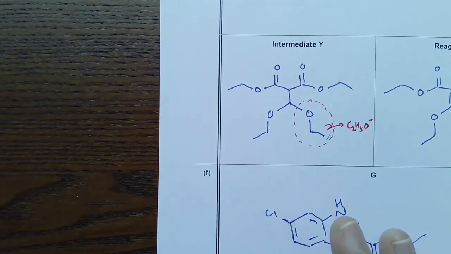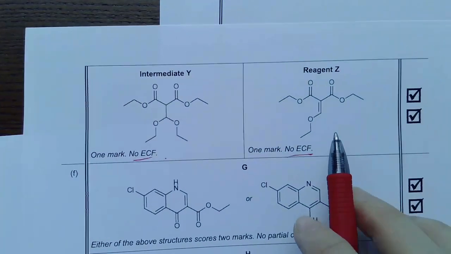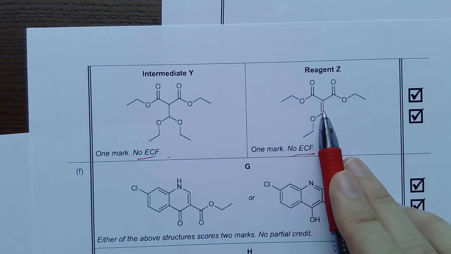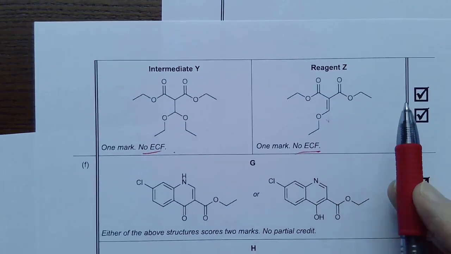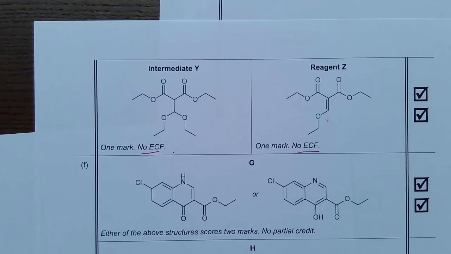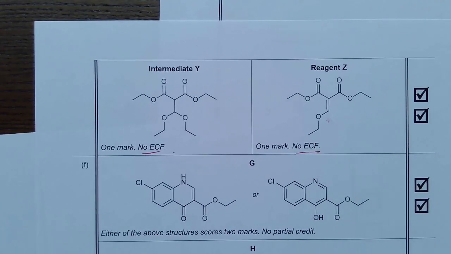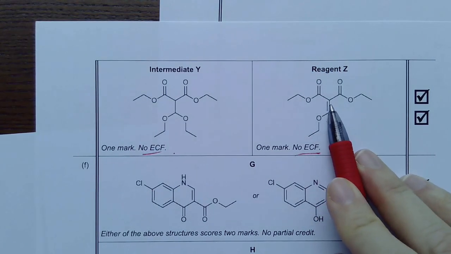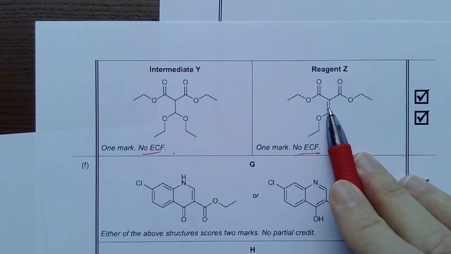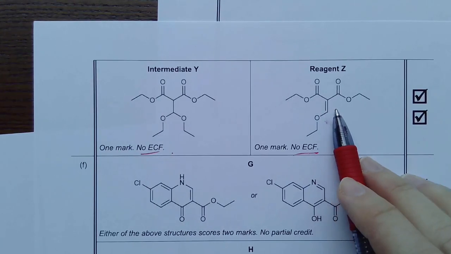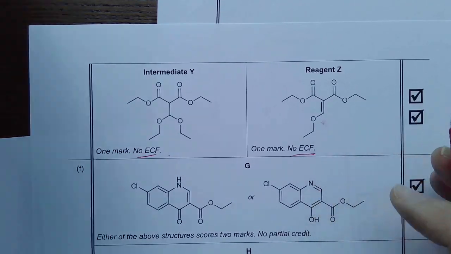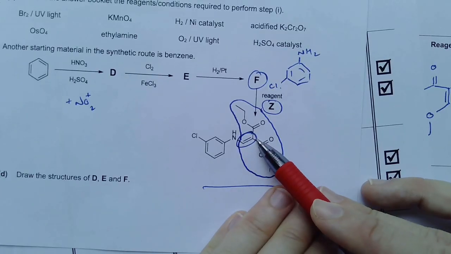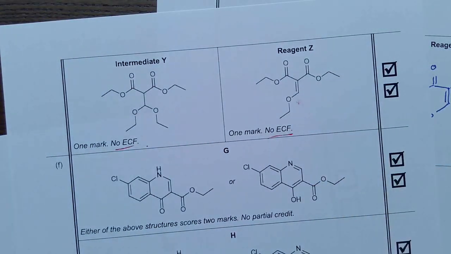So you might think, oh well, look. So here, you might think, well, what if I didn't have the double bond here? Could I get some ECF marks? And the reason you can't is because there's a double bond in the final product, right?